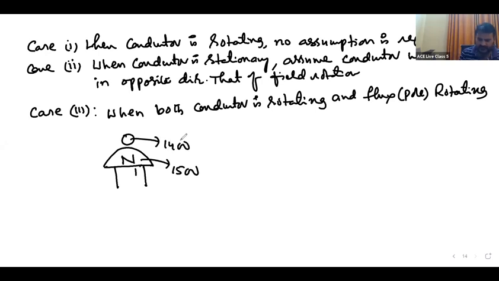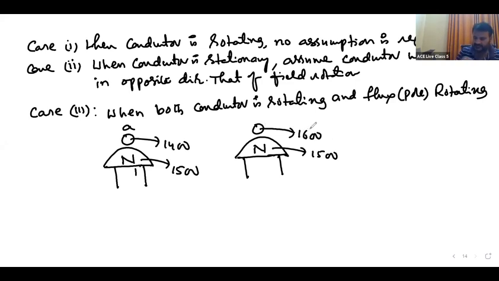Similarly, this is north pole. Conductor is rotating at 1500 RPM. And this is 1600 RPM.